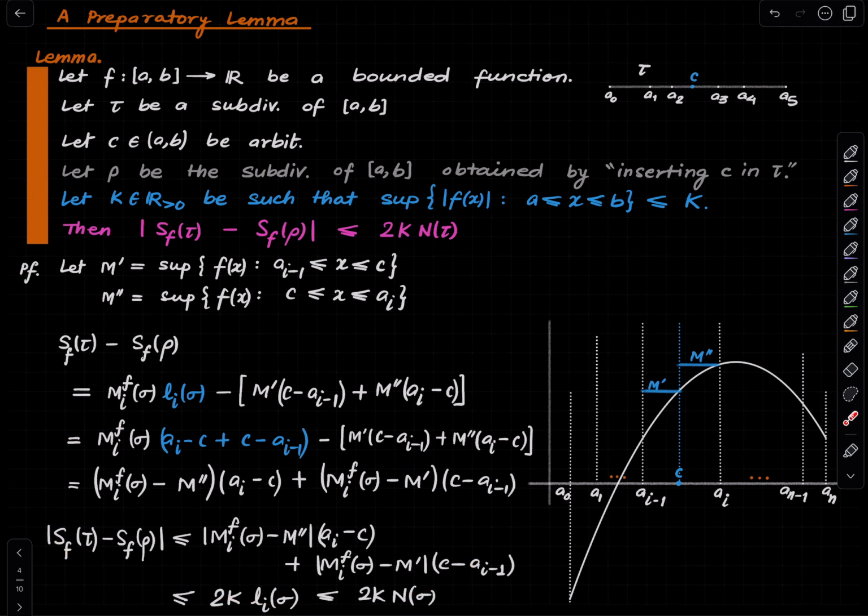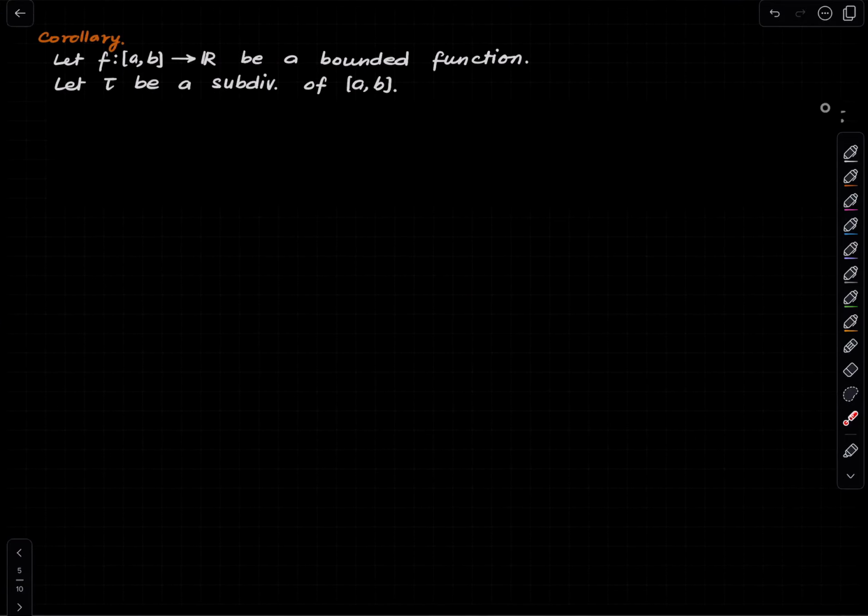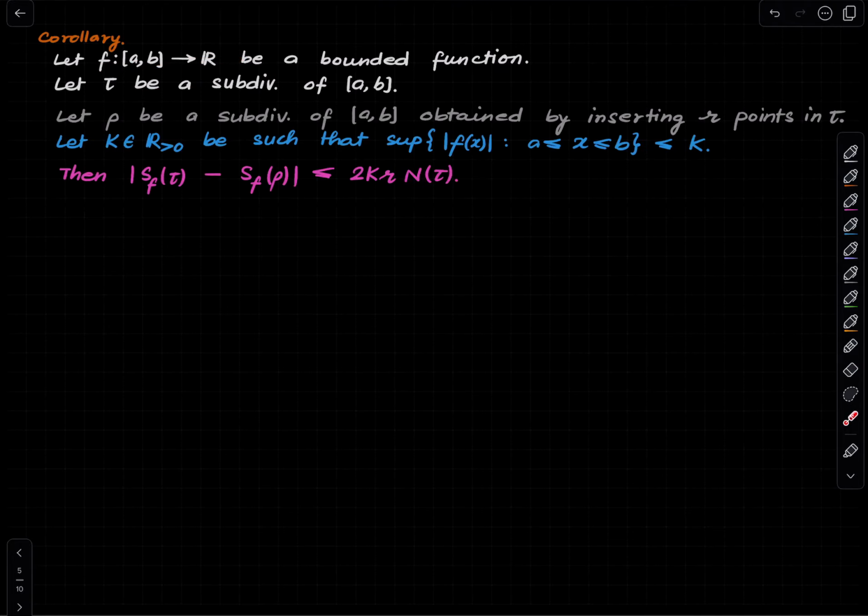Now a simple corollary. If we have a bounded function and tau is a subdivision of the domain, and rho is a subdivision obtained by inserting r points. In the previous lemma, we had inserted only one point. Here we are inserting r points. R is some positive natural number.